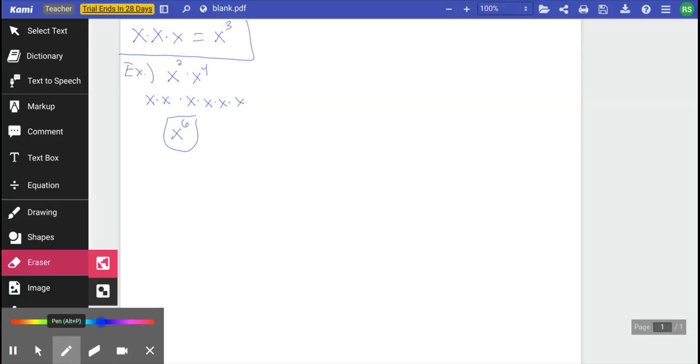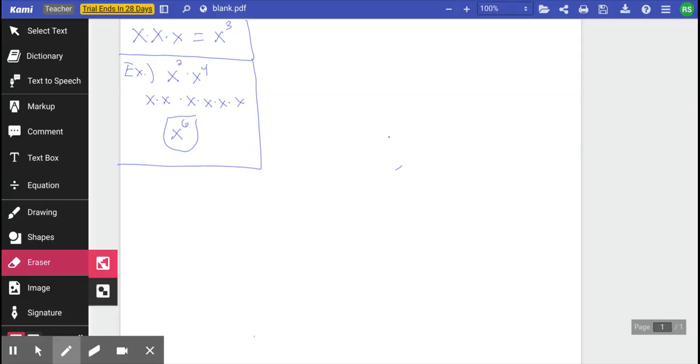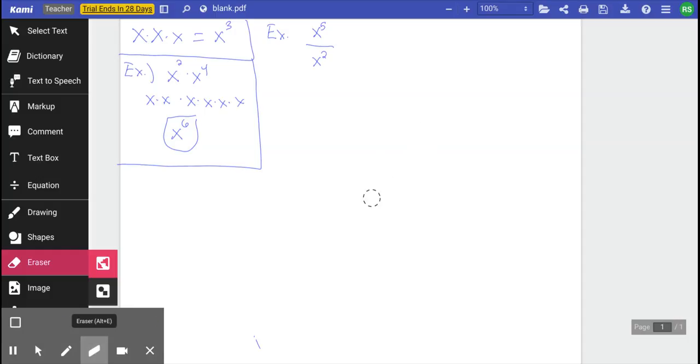Next example I'm going to go through with you guys is what happens when you are dividing like-based exponential expressions. If we were taking x to the fifth over x squared. Okay, x to the fifth means there's five x's being multiplied together.